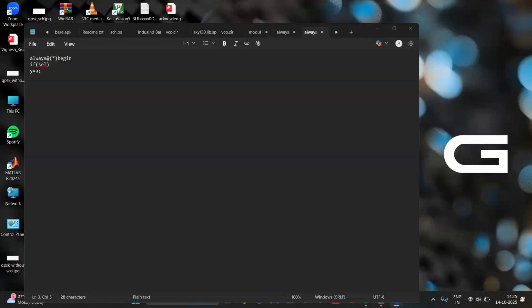We will have the same A input in both I0 and I1, but with a NOT gate between them. Have you understood? Yes. Okay.